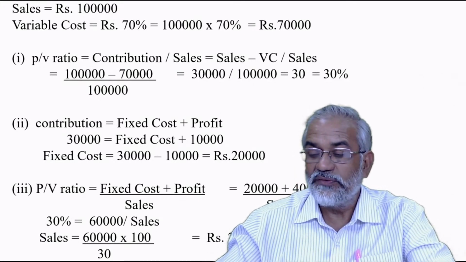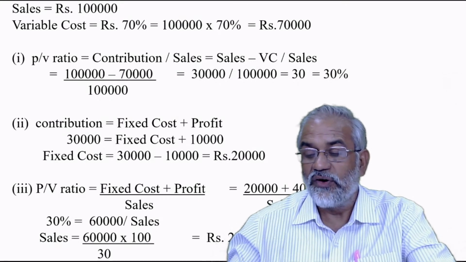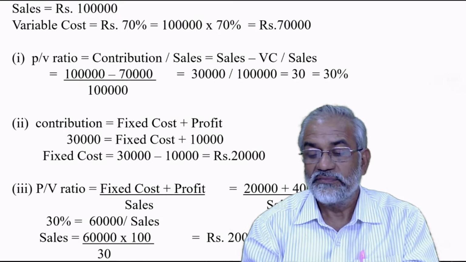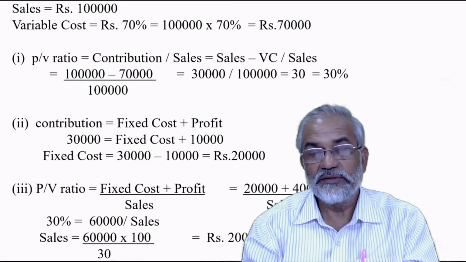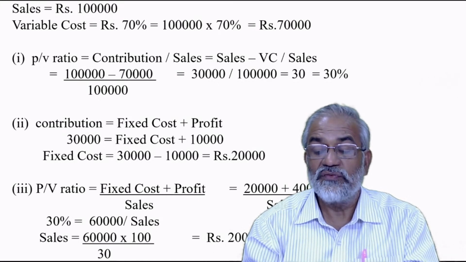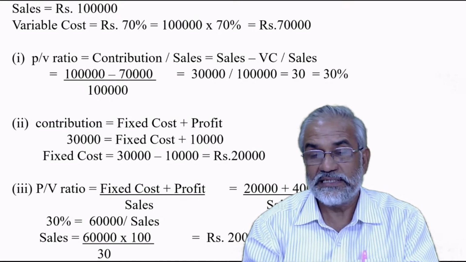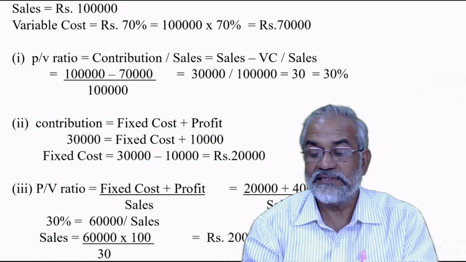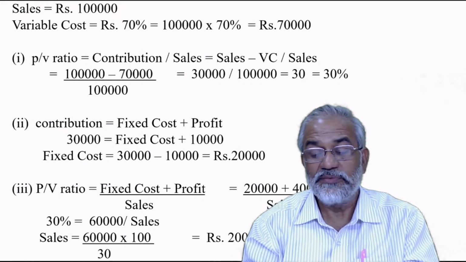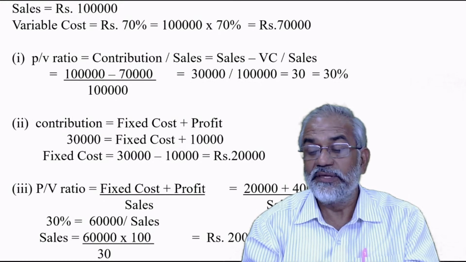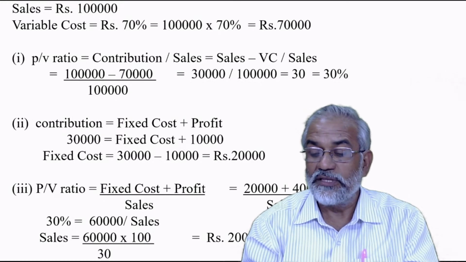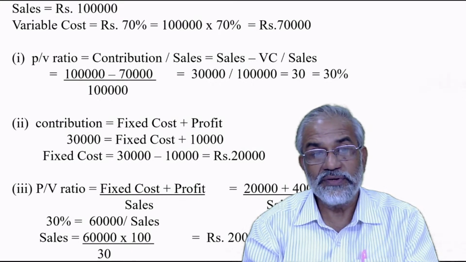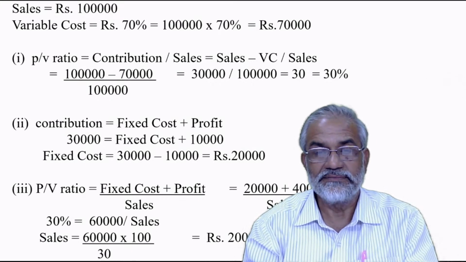So what is the profit volume ratio? The profit volume ratio, or contribution to sales ratio, which is calculated by contribution divided by sales, or fixed cost plus profit divided by sales, or sales minus variable cost whole divided by sales, is called the PV ratio. The higher the PV ratio, the more the profit, and the lower the PV ratio, the lesser the profit in the hands of the organization.